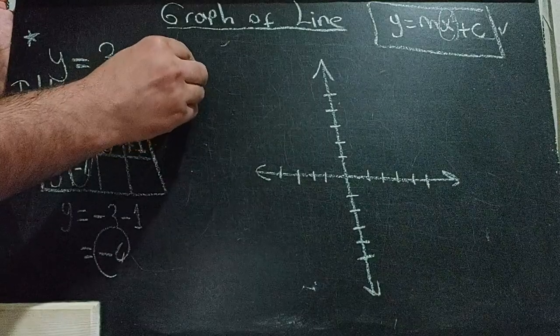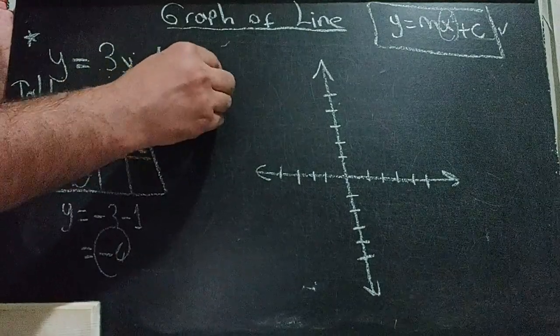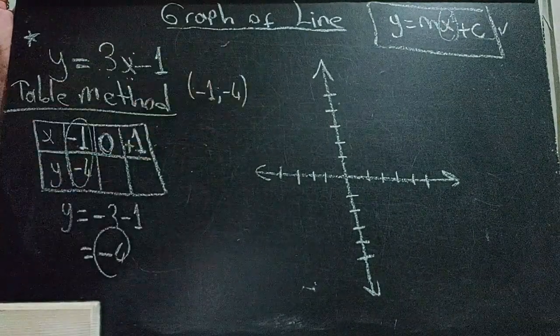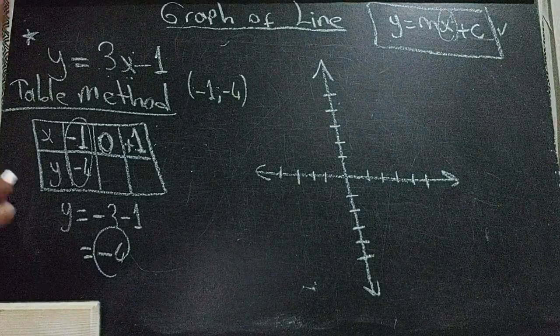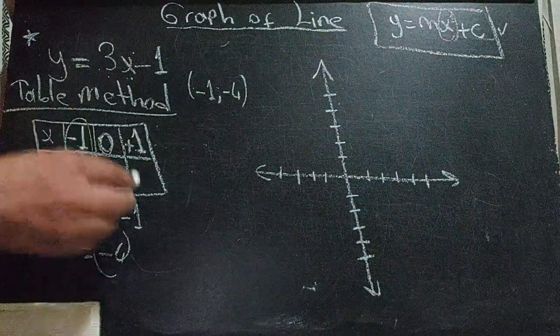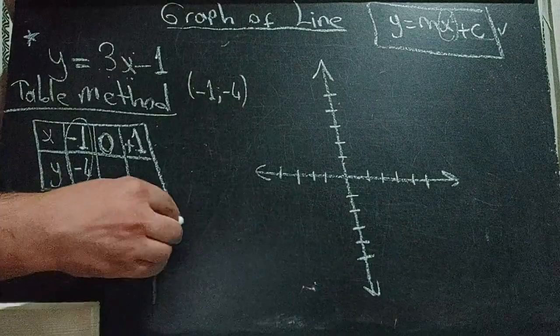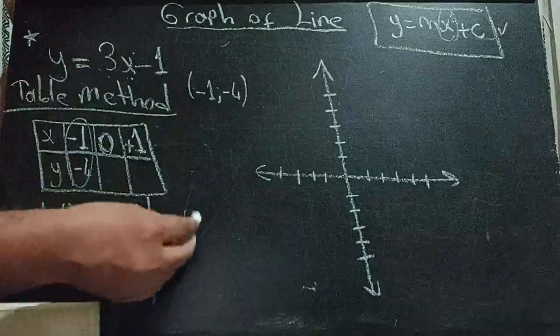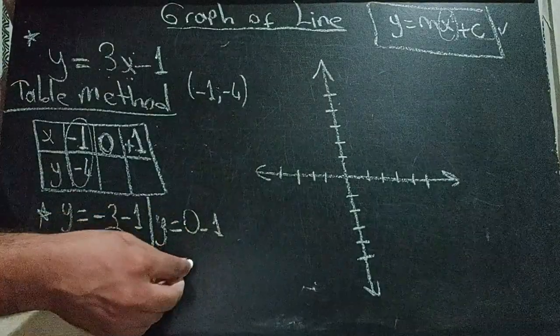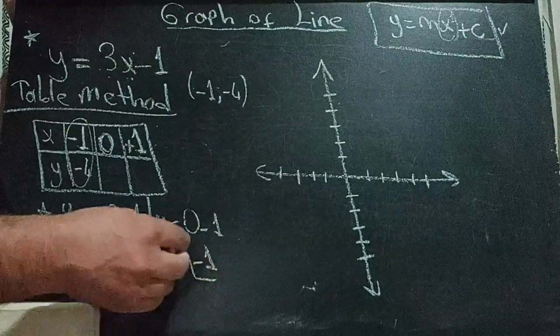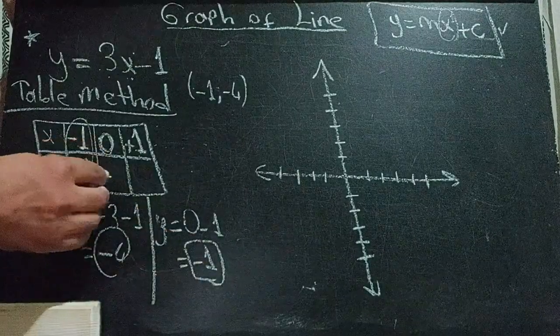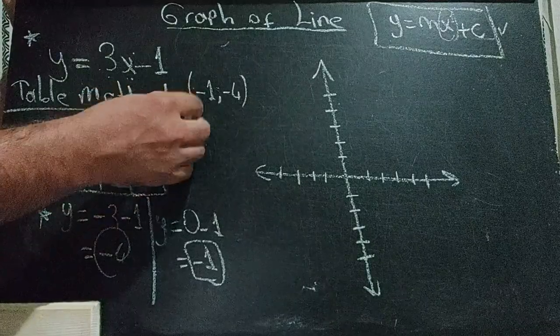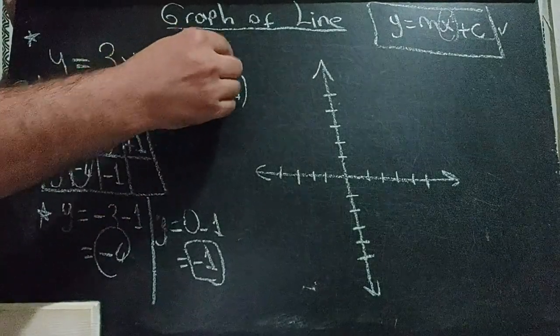Keep that there. And the other point, when you give 0, y equals 3 times 0, 0 minus 1. That will give me -1. So my other point is 0, -1. Put that there too.